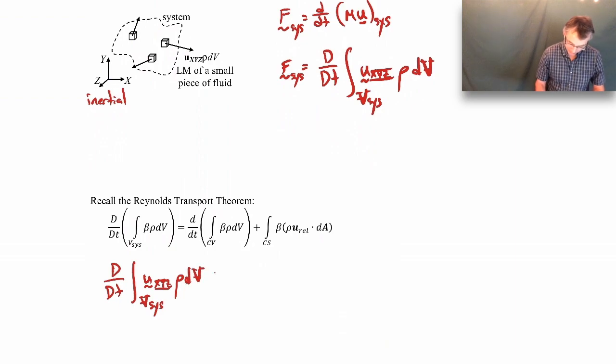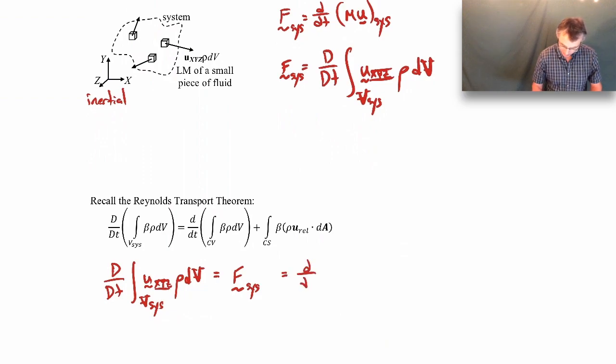So I'll just write it here to make it clear. Beta again is the momentum per unit mass. So this is this part of the equation. It's the same as that side of the equation. So let me go ahead and put in here the force. Right, so all I've really done is rewritten Newton's second law for the system here. But now I'm going to make use of the Reynolds transport theorem to convert the left-hand side of the equation.